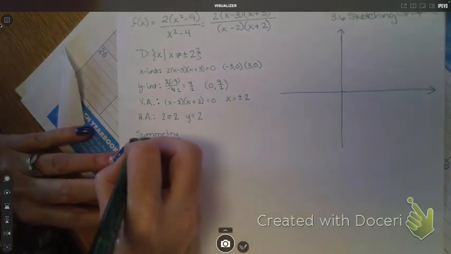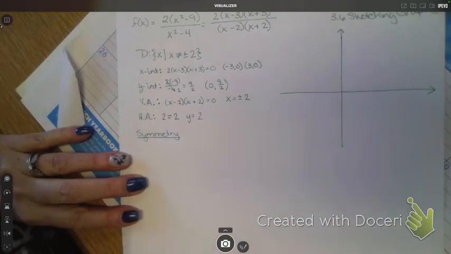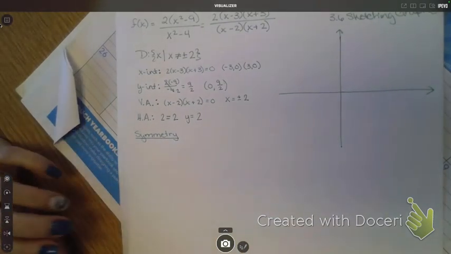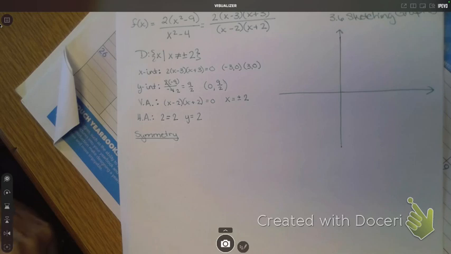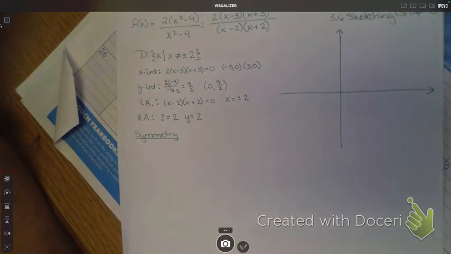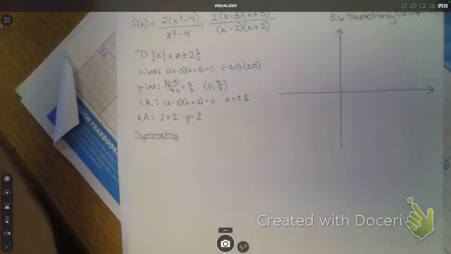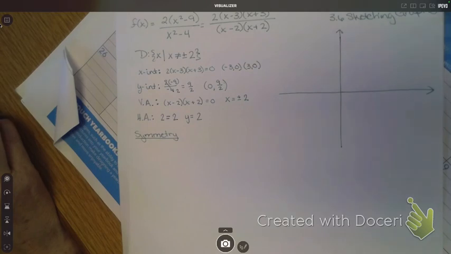Okay, so do you guys remember symmetry rules? No. They're way back in your P1 notes. Oh, we have to change the x's. So we have to check x-axis, y-axis, and the origin.